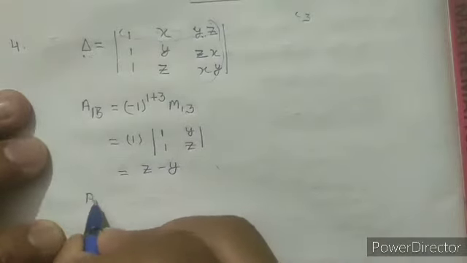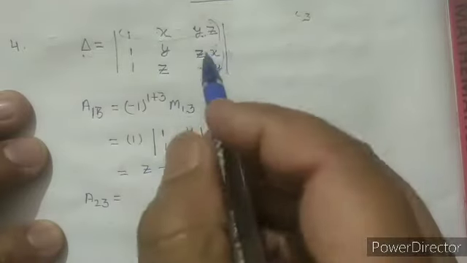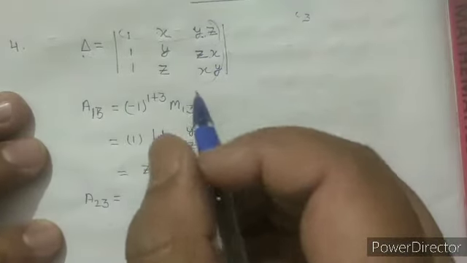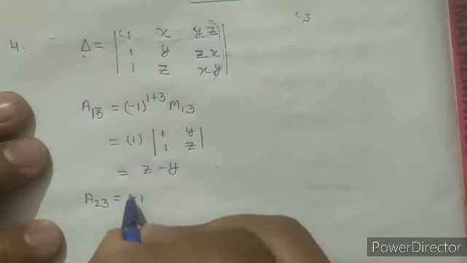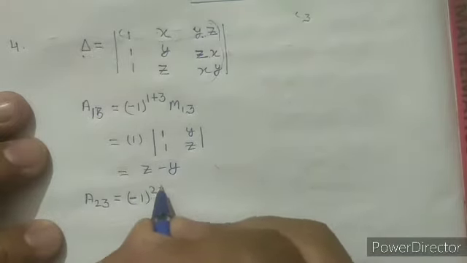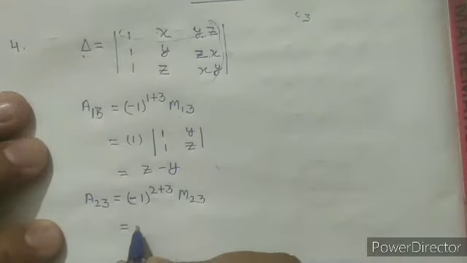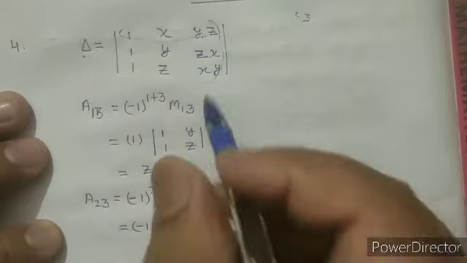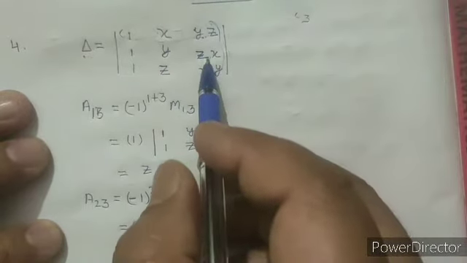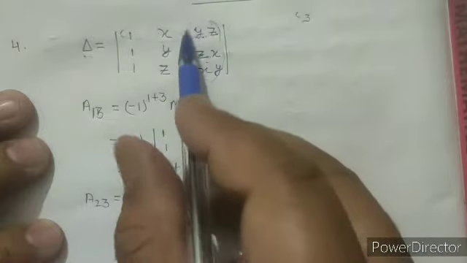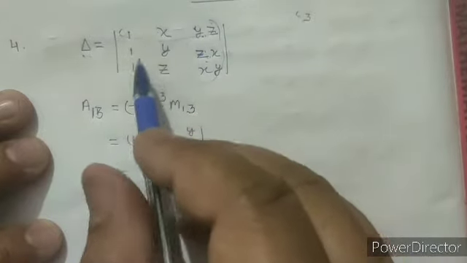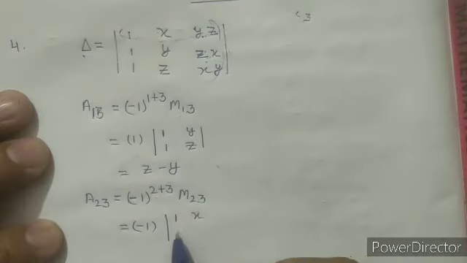Similarly A23, that is the second element of column 3, will be (-1) raised to power 2 plus 3 into M23, and this will be minus 1 into M23. M23 will be obtained by eliminating the row and column of 2 3, that will be |1 x; 1 z|, and this gives us z minus x.